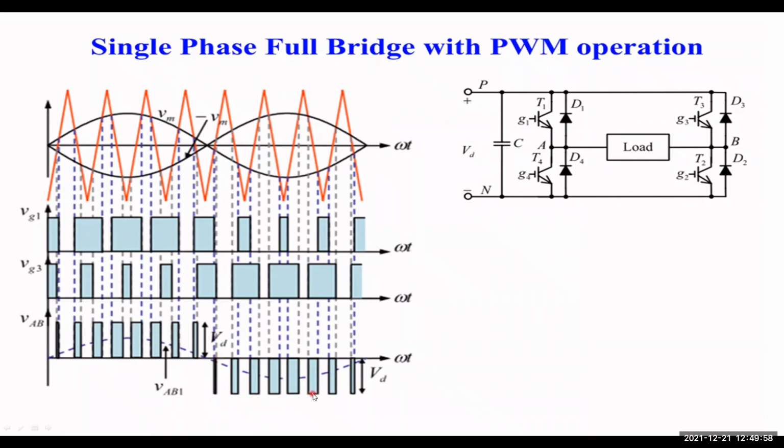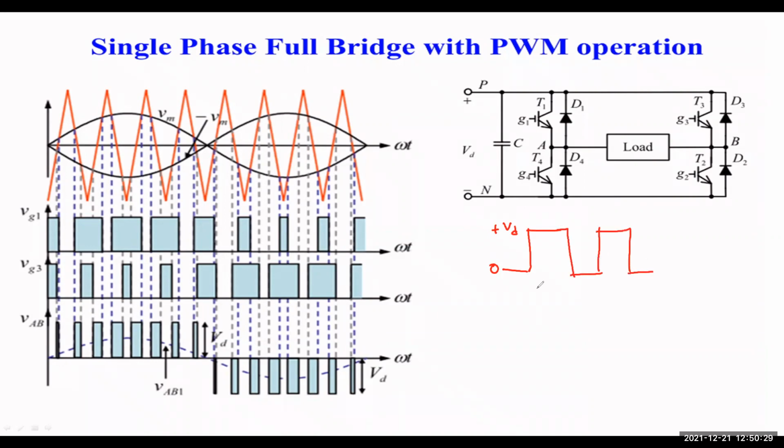That means either 0 and VD, otherwise 0 and minus VD. The gating pulses are generated in the range 0 to VD, like this. This is called unipolar operation.